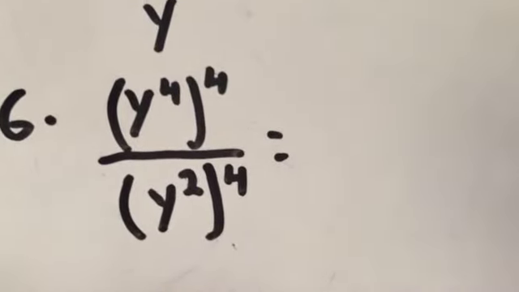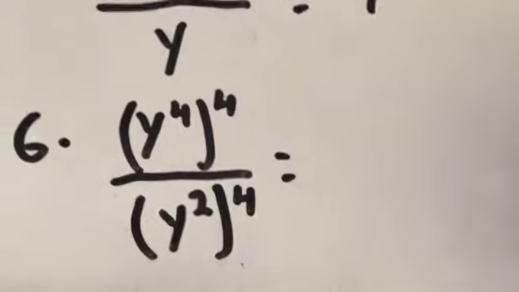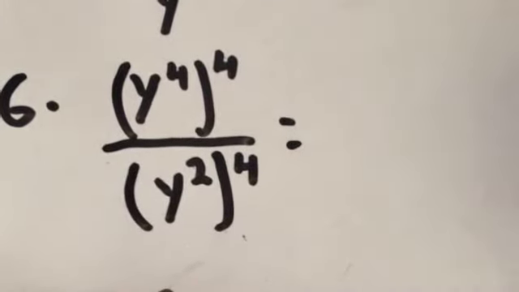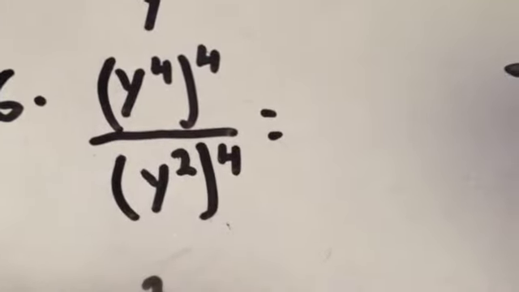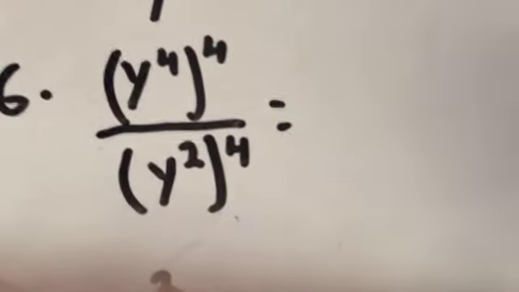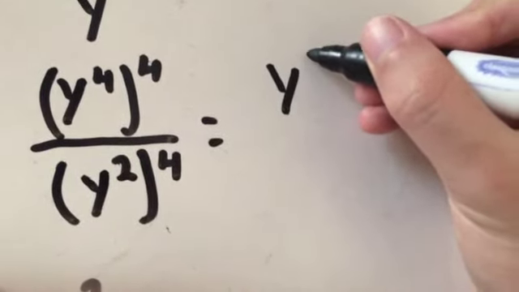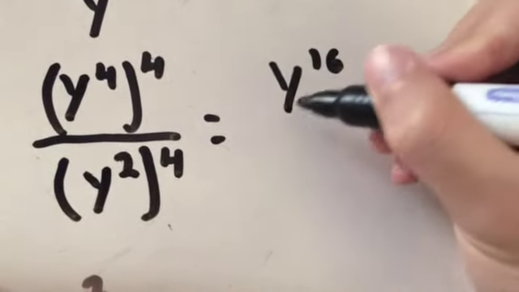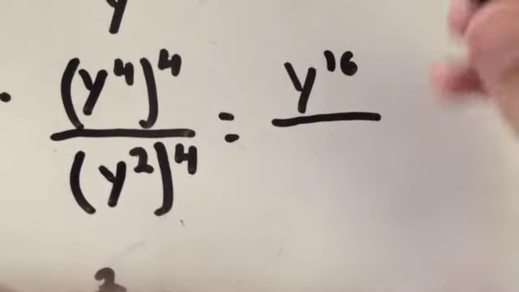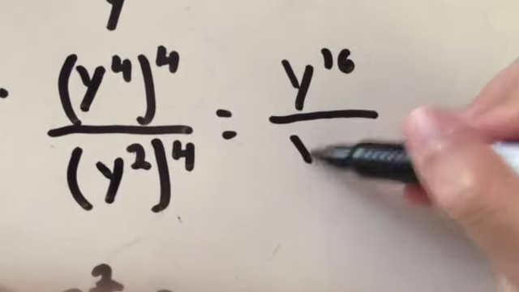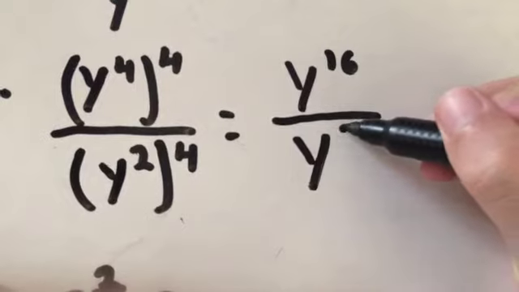Next question here, we have y to the power of 4 bracket to the power of 4 divided by y to the power of 2 bracket to the power of 4. Like before, start with the numerator. We'll write this one down. So that will give us y to the power of 16 over y to the power of 8.